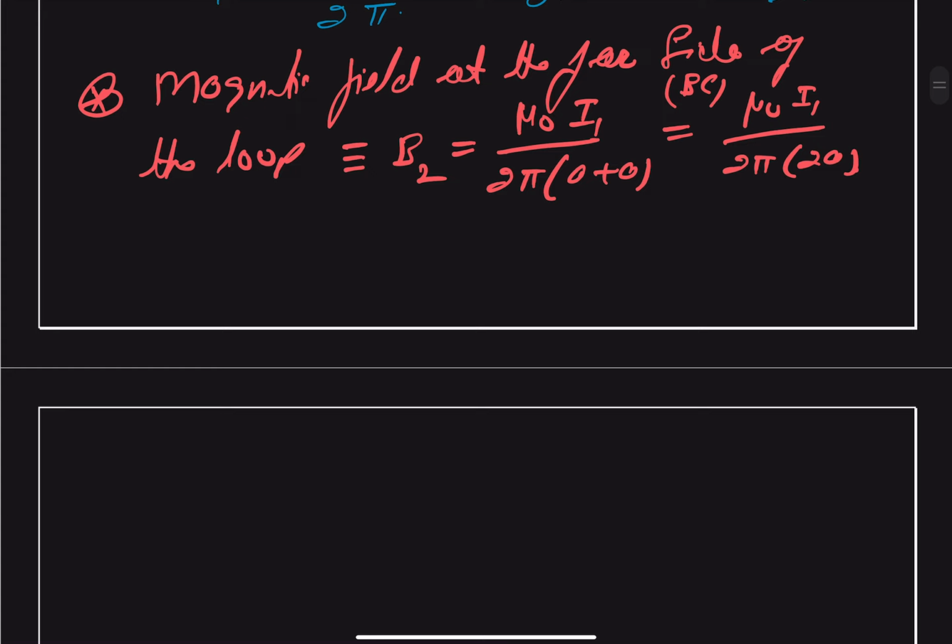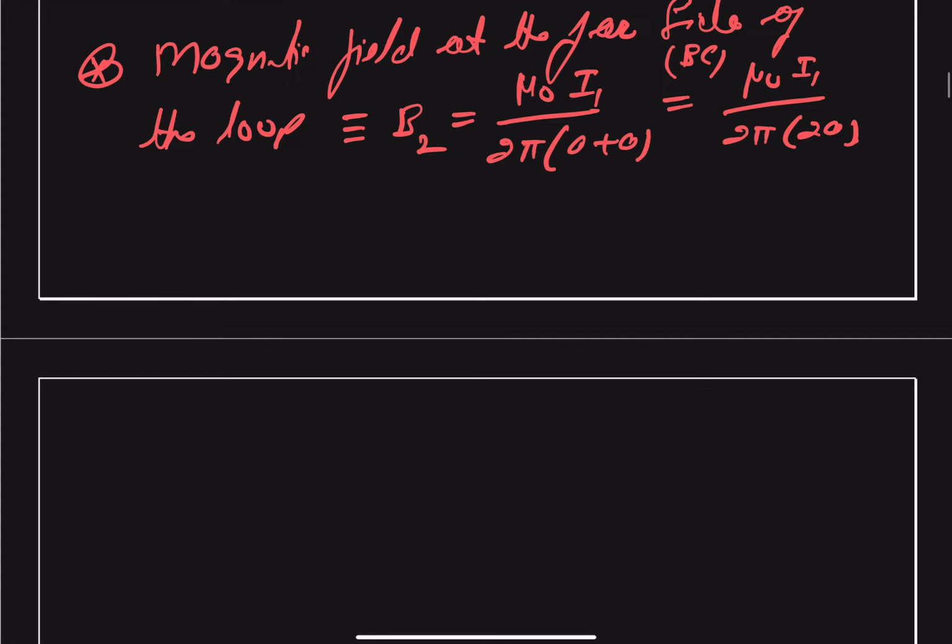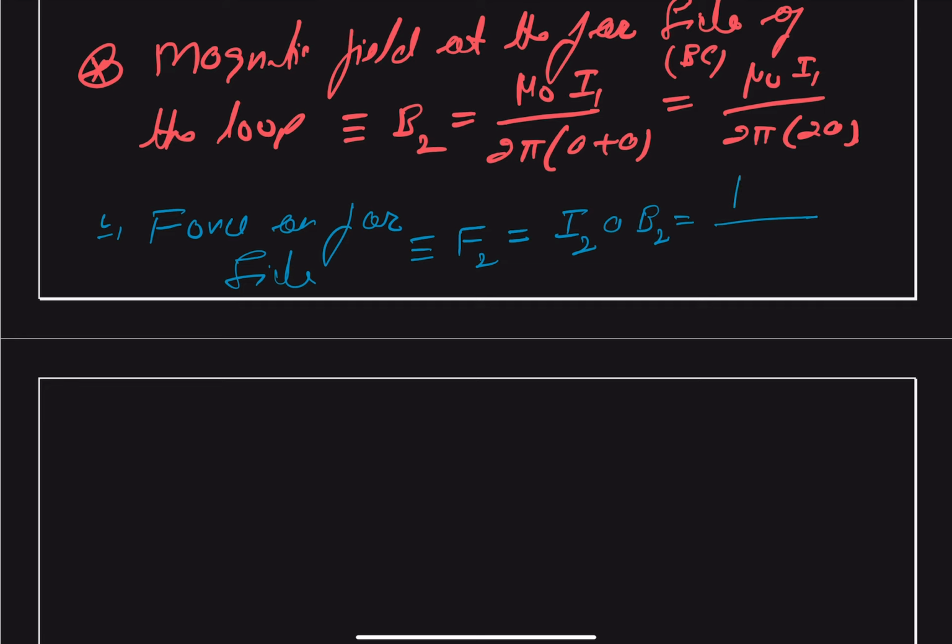So we can find out the force on the far side. Force on the far side, if that is F2, will be equal to I2 a times B2, and we substitute, a goes with a, and we are left with mu naught I1 I2 divided by 4 pi.